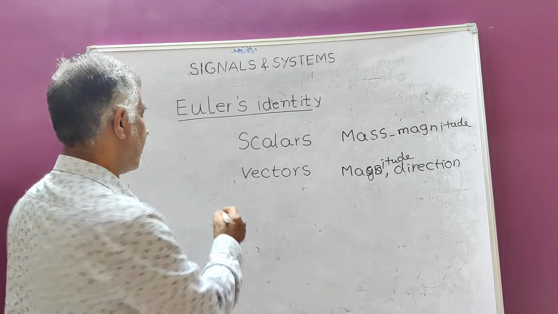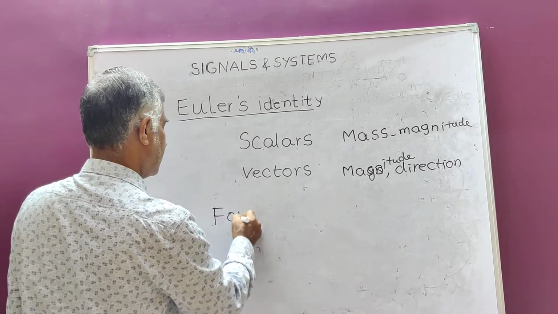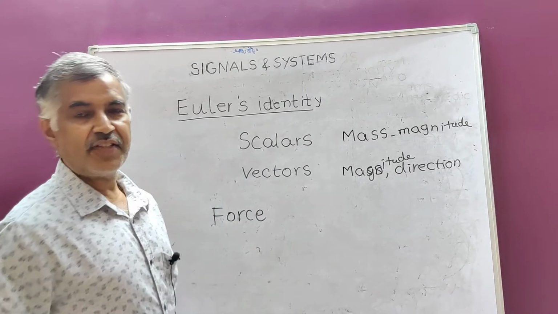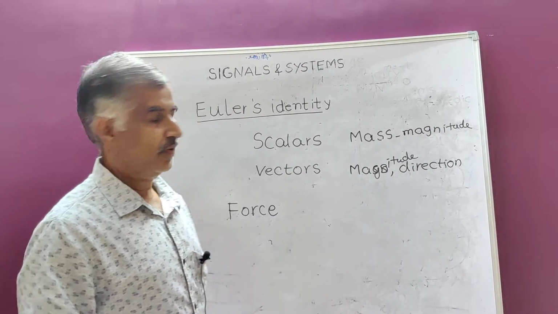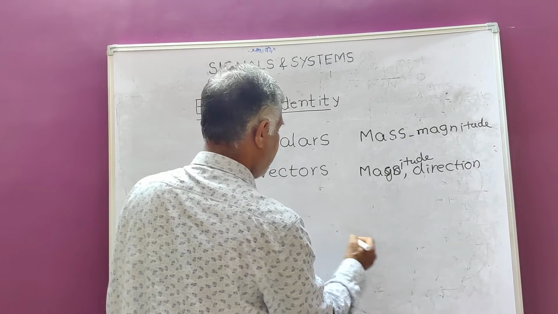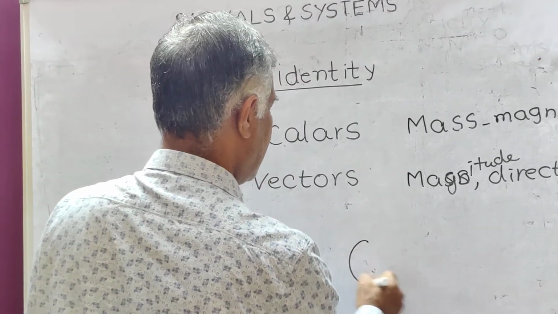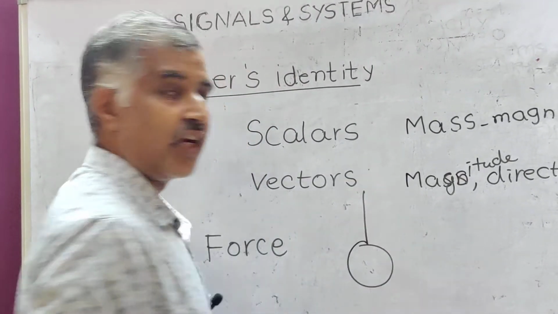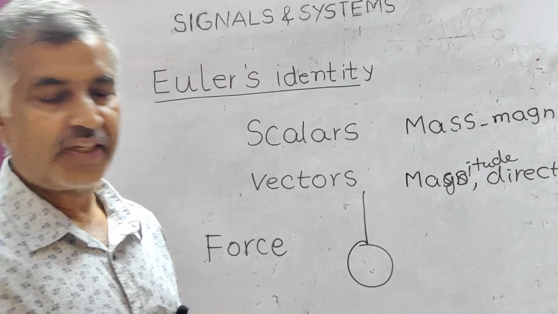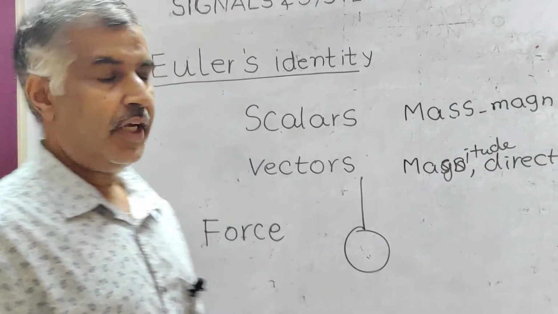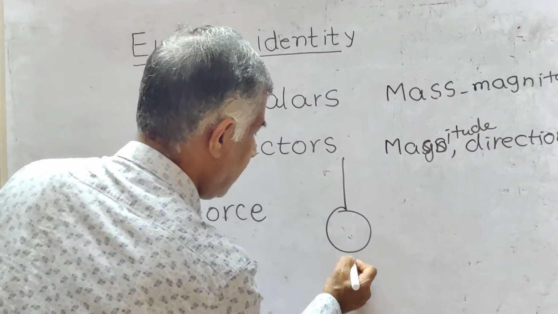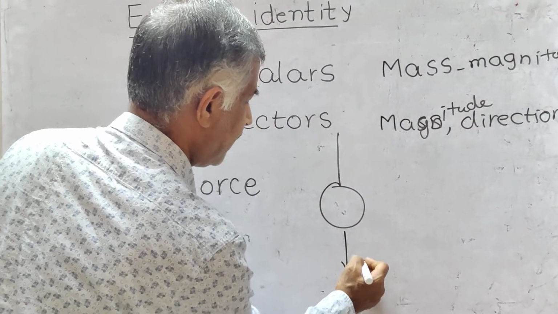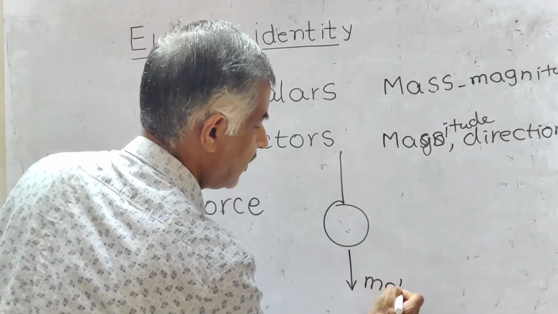Now I will take the example of force. So force is a vector because it has got magnitude and direction. For example, if you hang some object above the ground, it is going to have a gravitational pull, that is mgh.